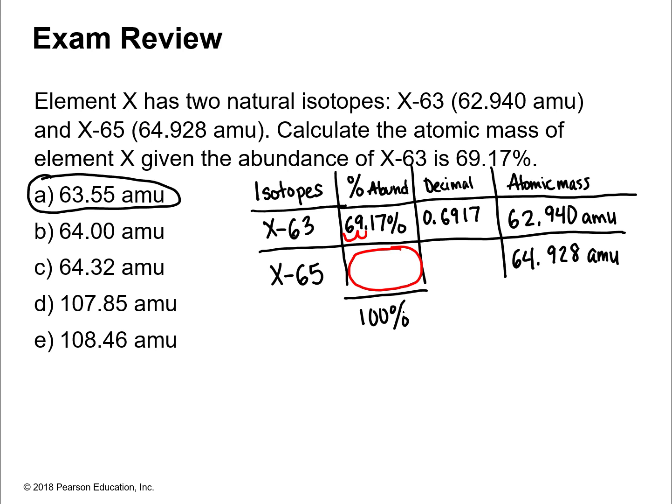So if you subtract the percent abundance of X63 from 100%, you get 30.83%. Then you can write that as a decimal as well. Now we're ready to set up our equation.